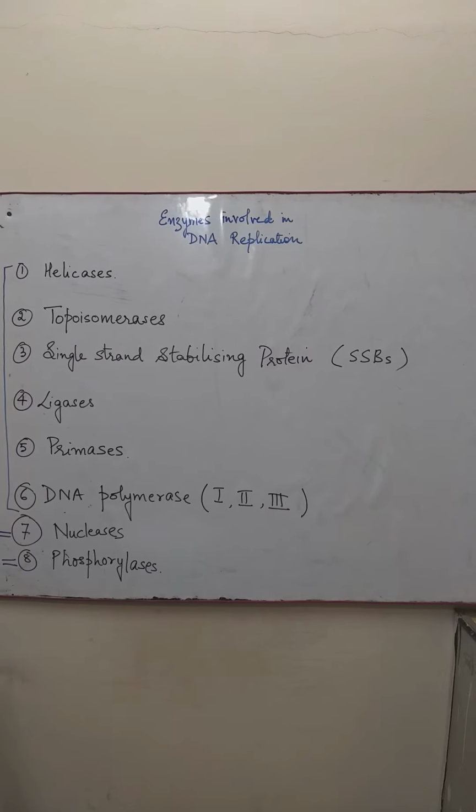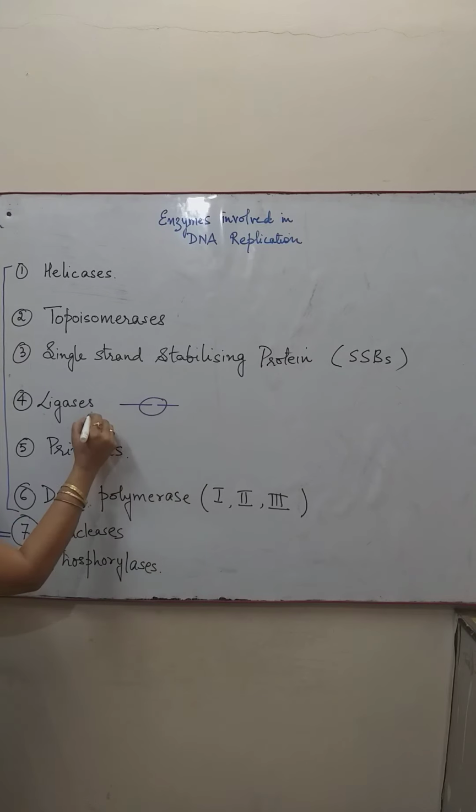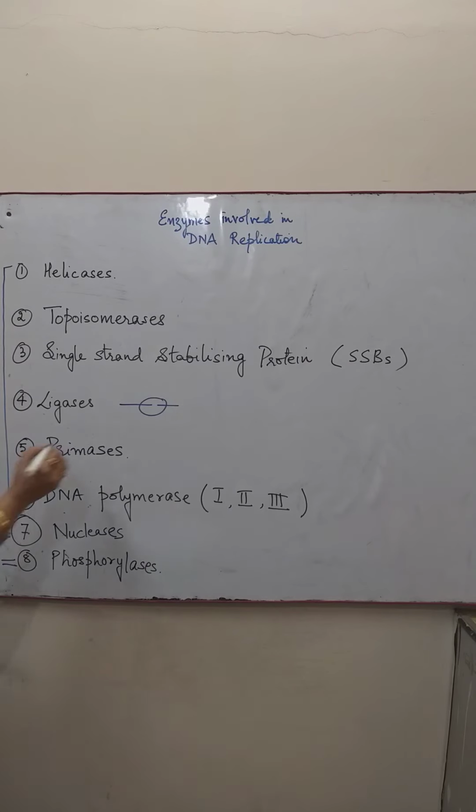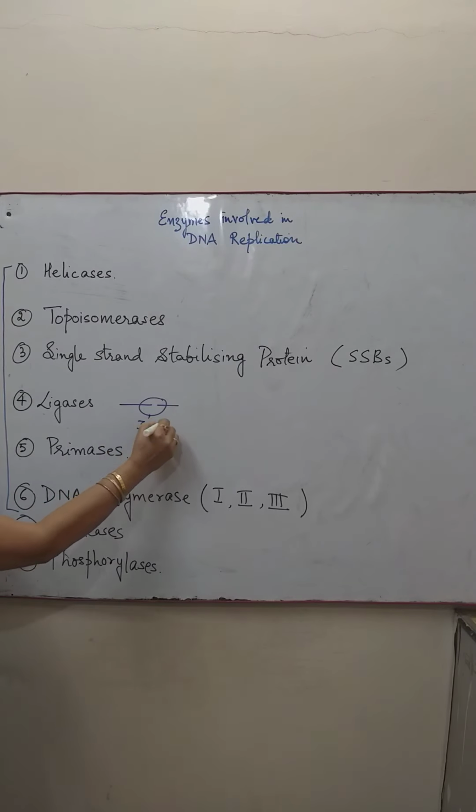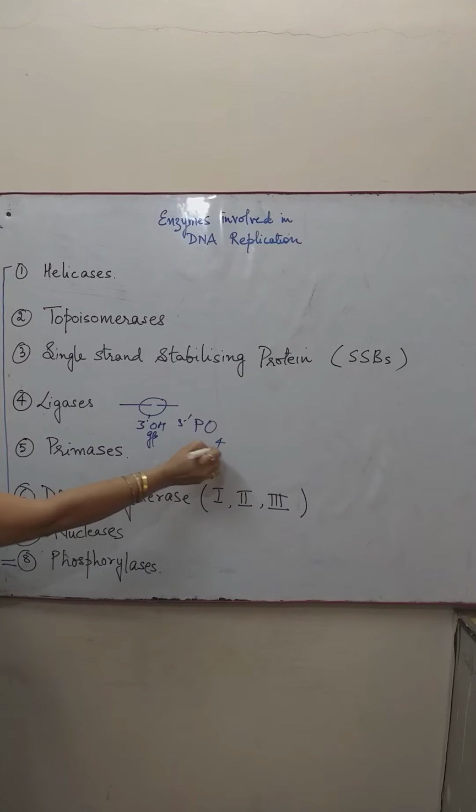So when the bonds are broken and the fragments are there, these fragments are joined with the help of ligase enzyme, and this is always between the 3-OH group and the 5-phosphate group. You know it. So this ligase is an enzyme which helps in the joining.